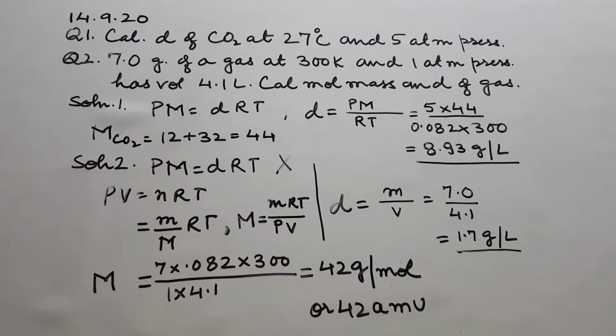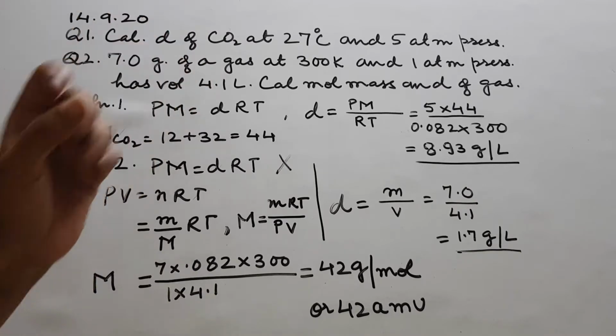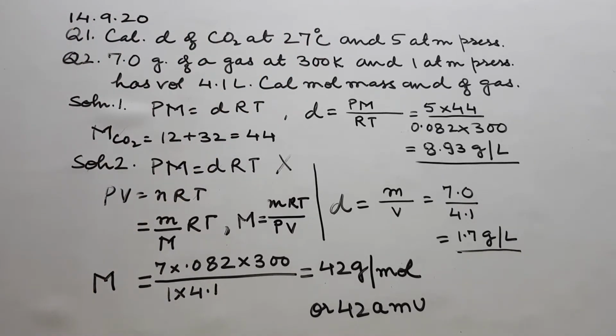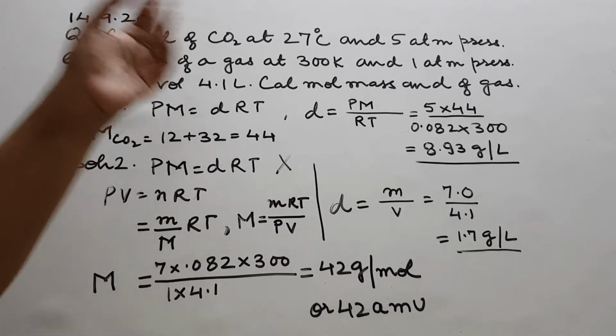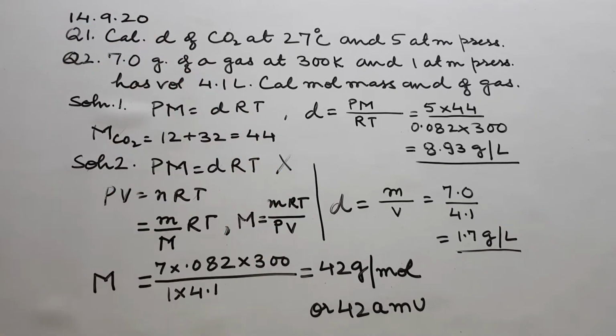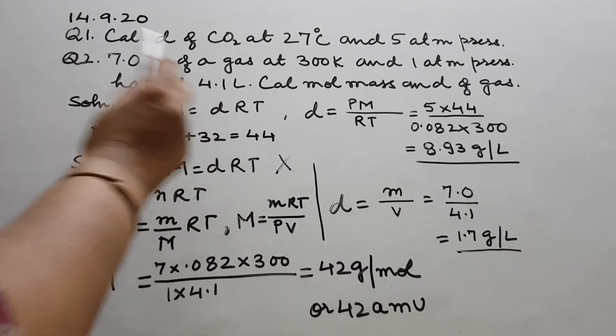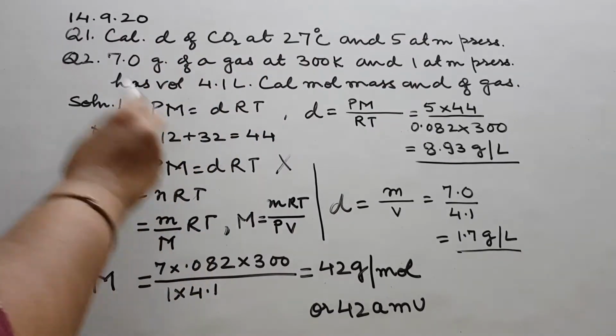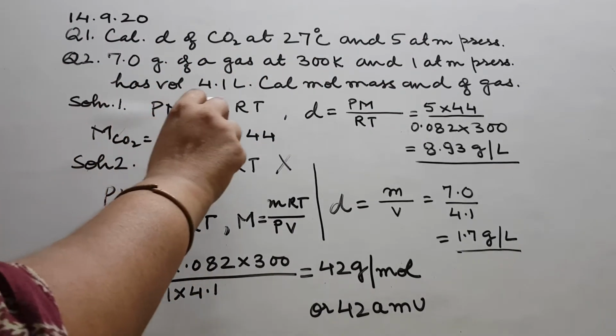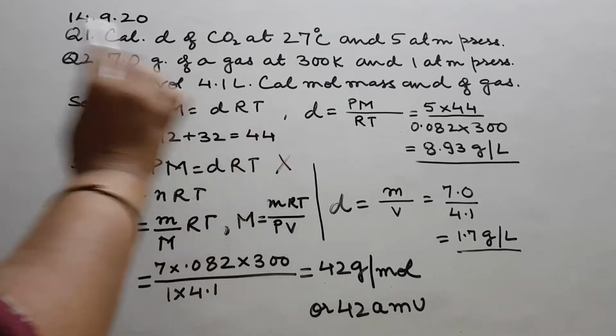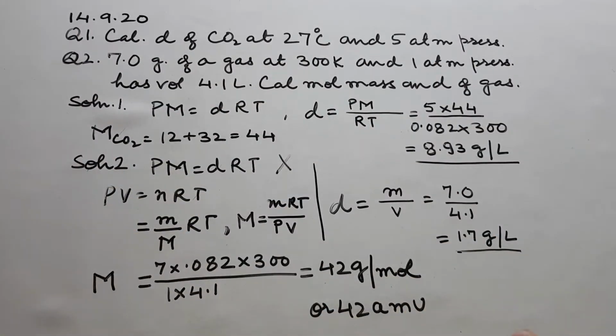So far I know only two formulas for D. One is D is equal to M by V. V is not given, even M is also not given, so it can't be used. The other formula is PM is equal to dRT. Now pressure P is 5, given to me. D I have to calculate. R is the gas constant, universal constant, we all know the value.